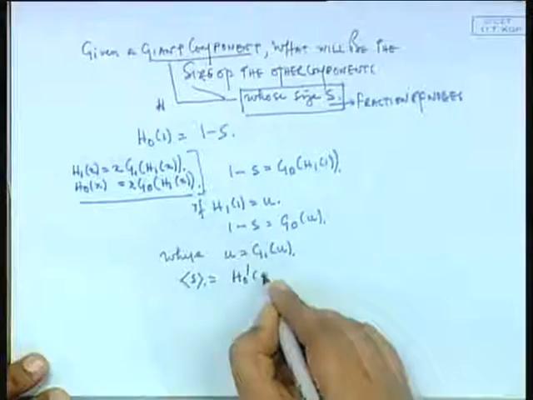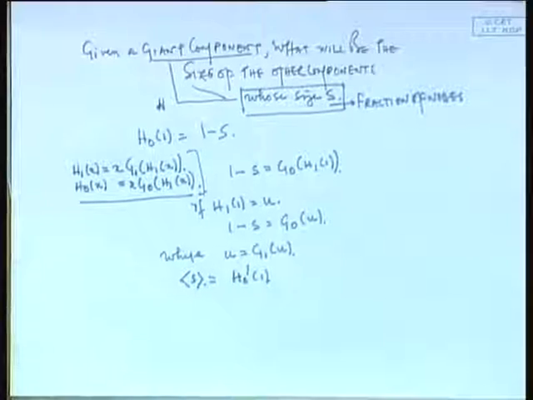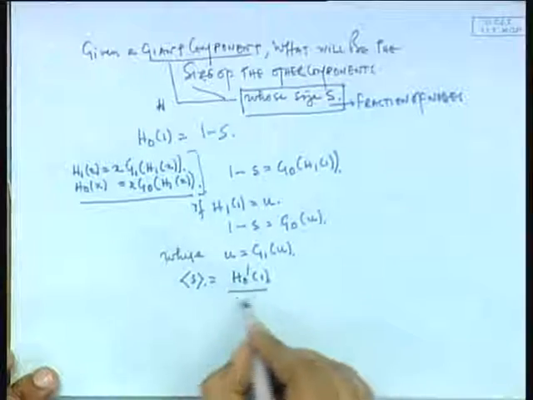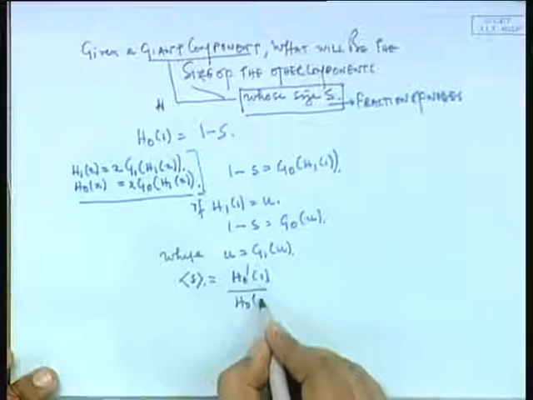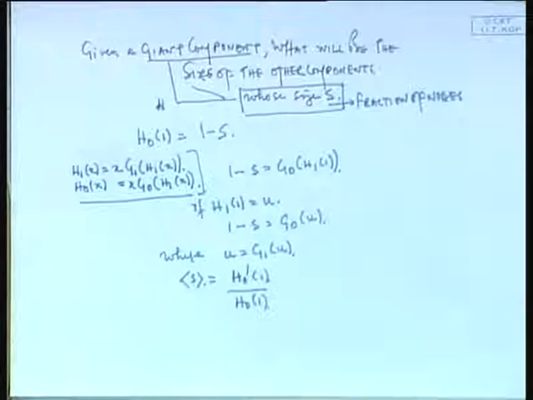Not H 1, H 0 dash 1. What extra should come here now? We have to normalize it with H 0 1, because we know that H 0 1 is not 1. That is why we have to normalize it.